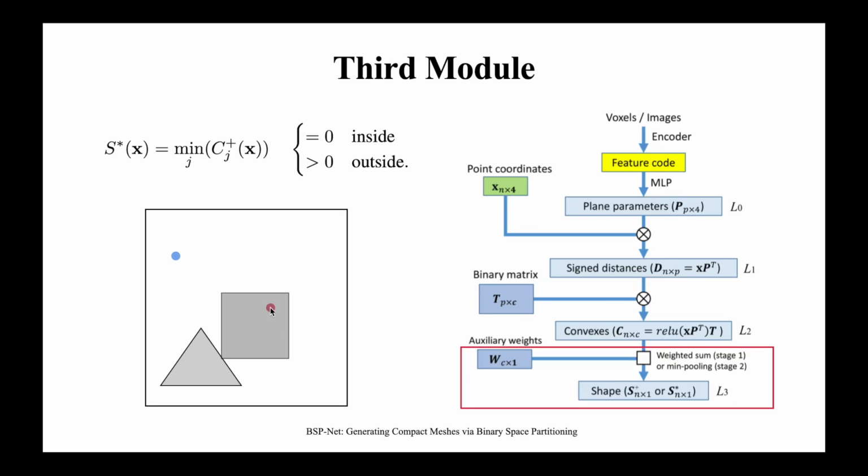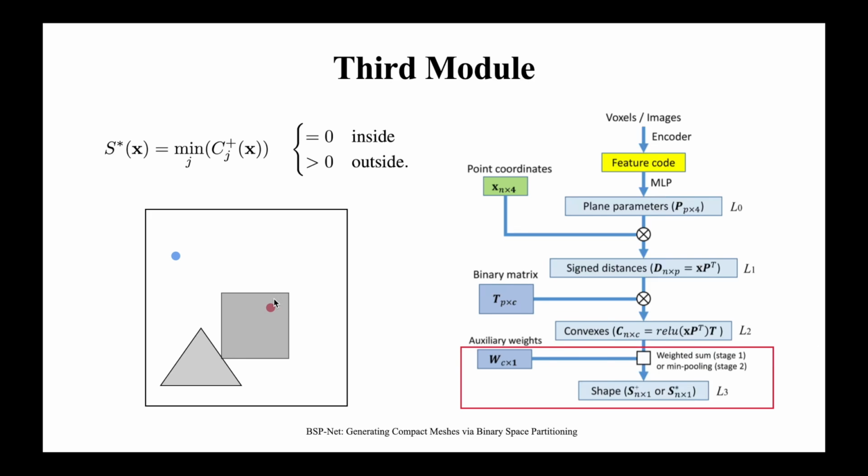Now consider this point. It is inside the square. Although it is outside the triangle, its side distance to this triangle is a positive number. However, its side distance to this square is a negative number. After the ReLU operation, this negative side distance will turn into 0.